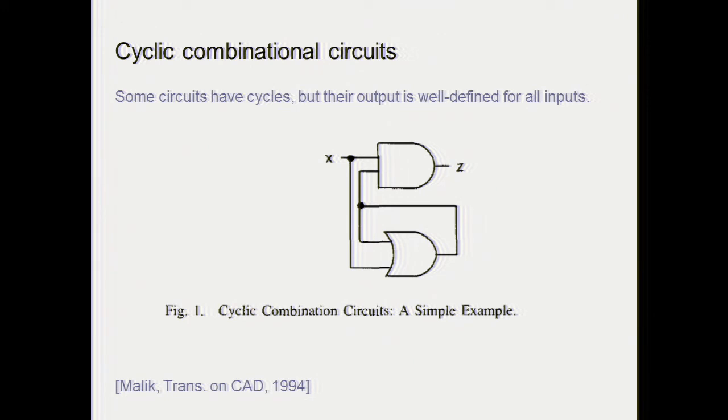Now put in x equal to 1. Now the AND is equivalent to the input which is fed back. But with x equal to 1, this is an OR. So what is the output? 1. So feedback there, bingo. Found. This is a well-formed circuit, because whether x is 0 or 1, we know what happens.